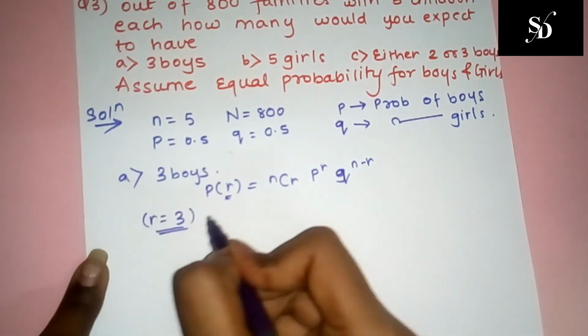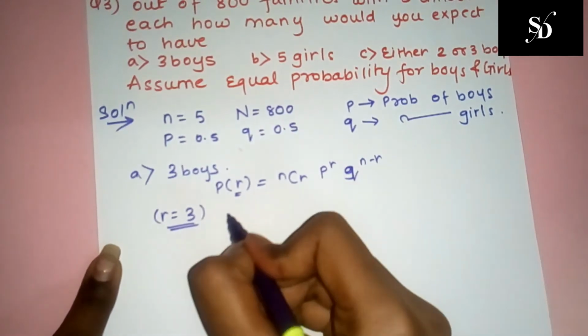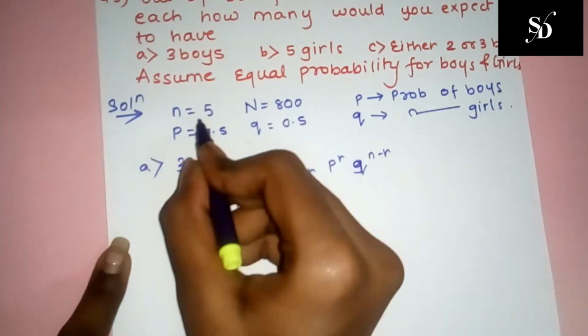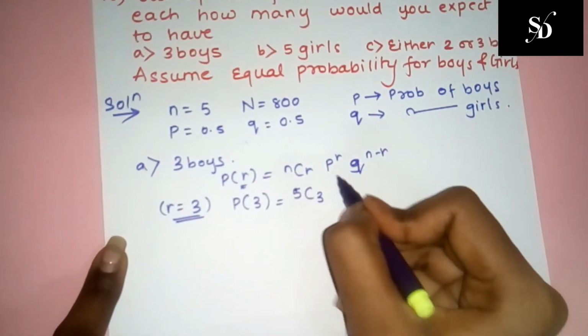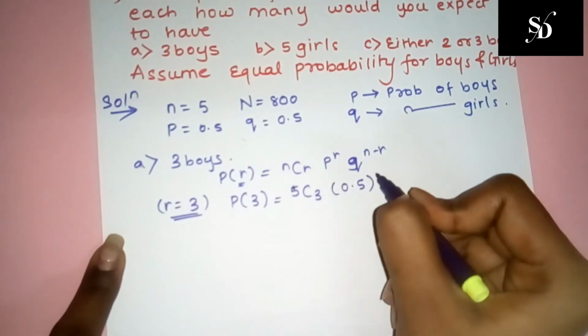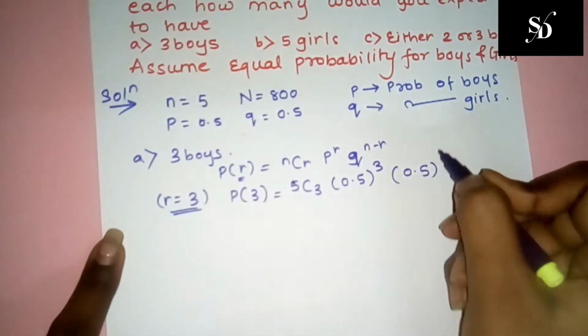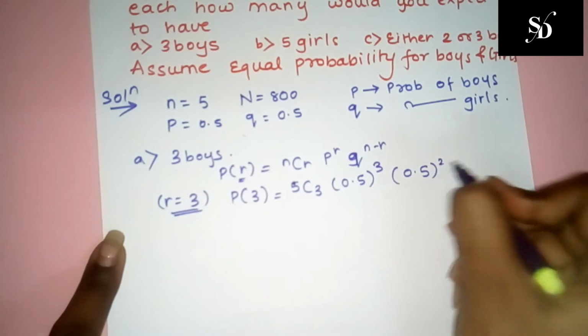Now we just have to substitute the values in the formula. That is, P of 3 is equal to n is 5, 5C3, P is 0.5 raised to 3, Q is 0.5 raised to n minus R, that is 5 minus 3, which is 2.